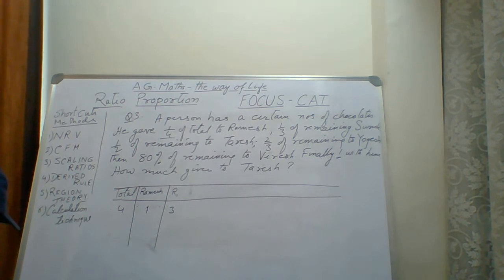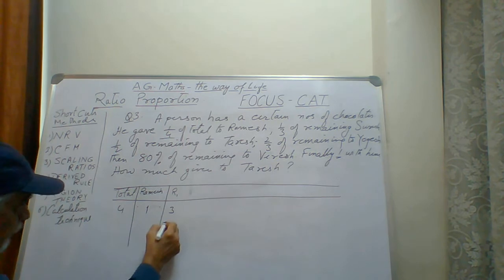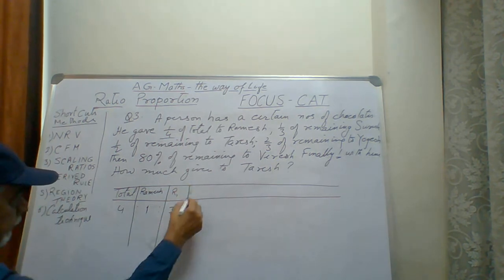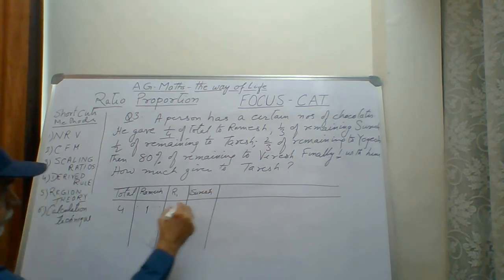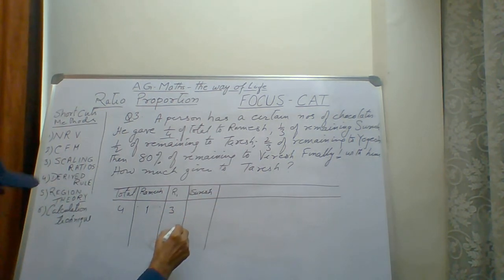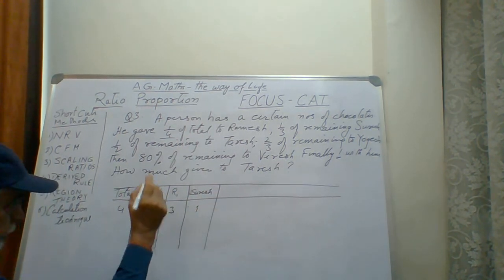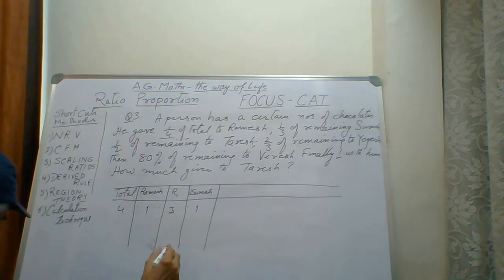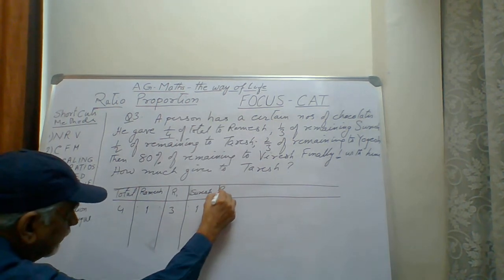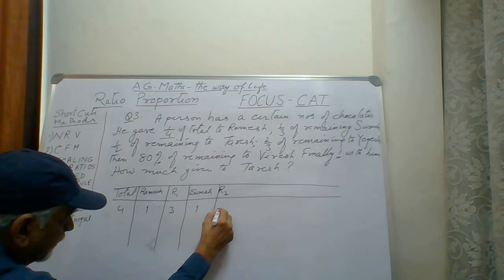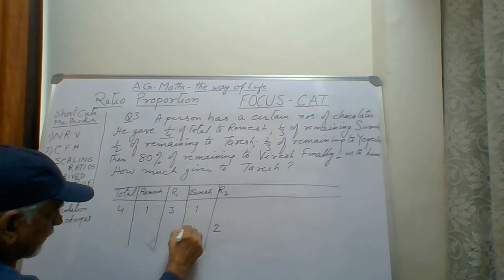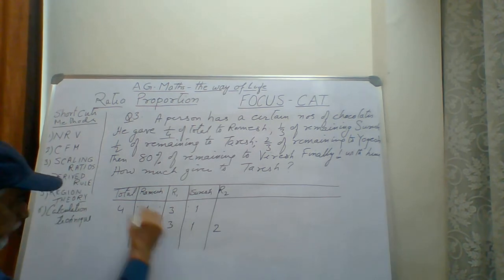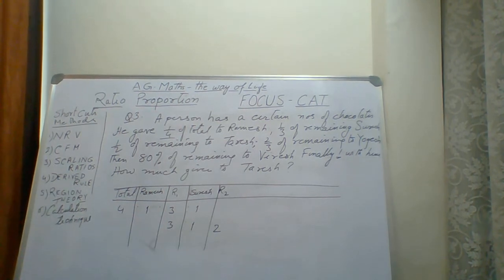Now from this remainder he has given 1/3 to Suresh. So from 3 he can definitely give to Suresh. How much will he give? 1/3 means he will give 1 to Suresh. Now we will have a remainder after this stage, which is 2.